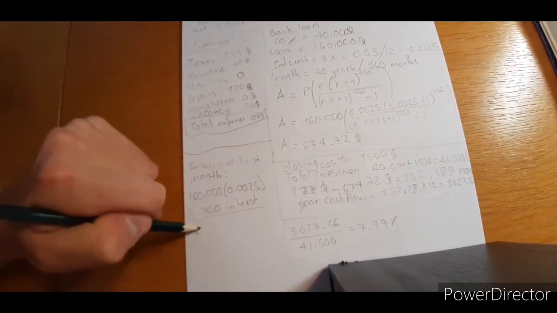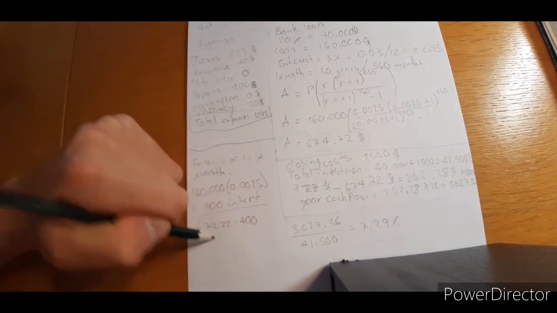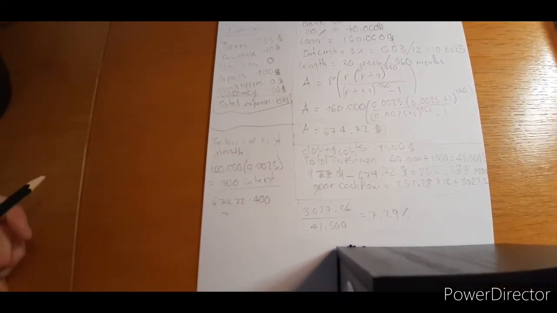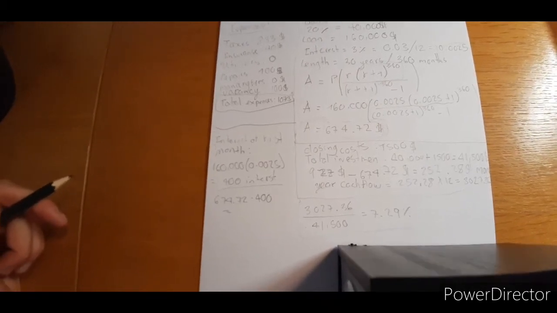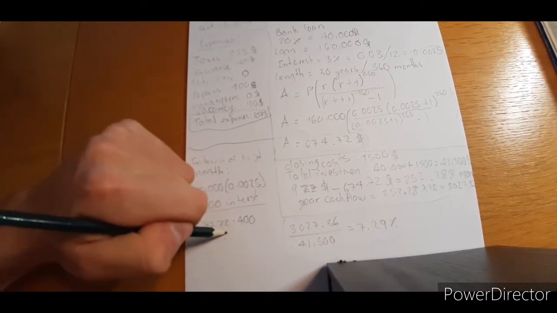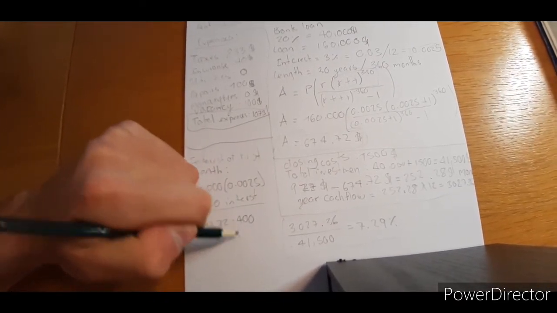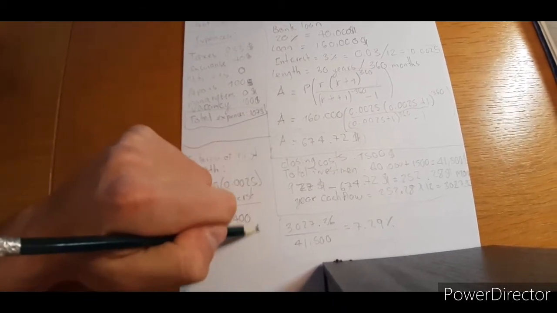So we got 674.72 minus the 400, and this will actually give you 272.72, sorry, $272.72.